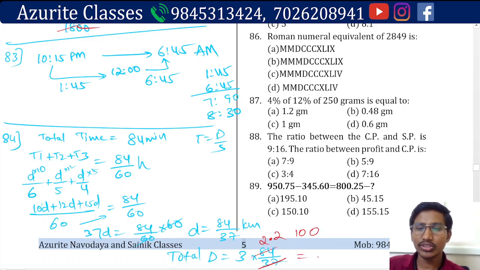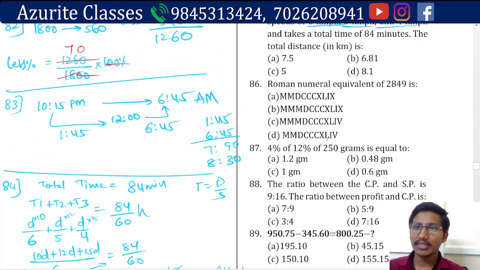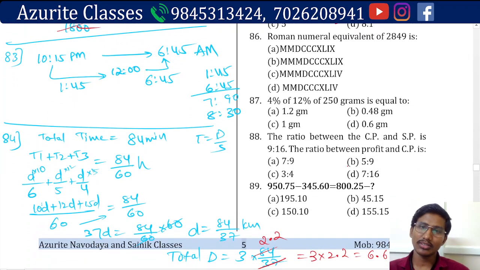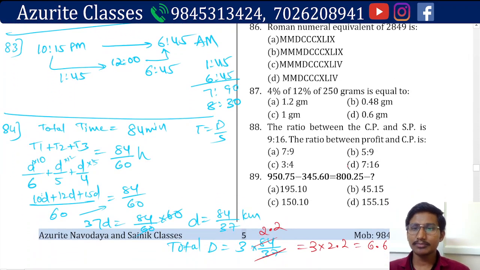So 3 into 2.2 is 6.6 kilometers nearly. Which option is nearly 6.6? It is 6.81, option D, that is B for ball. That is the answer for the 84th question.